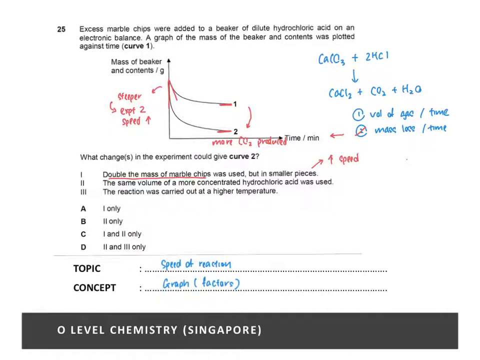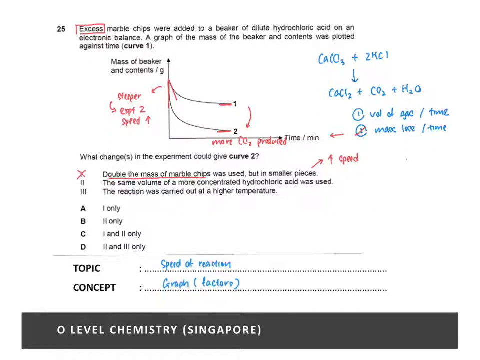For that, we need to go back to the question to find out which one is limiting and which one is in excess. Over here, they tell you that your marble chips are in excess. So if I use more of an excess reagent, will I get more products? Answer is no. So 1 is wrong.